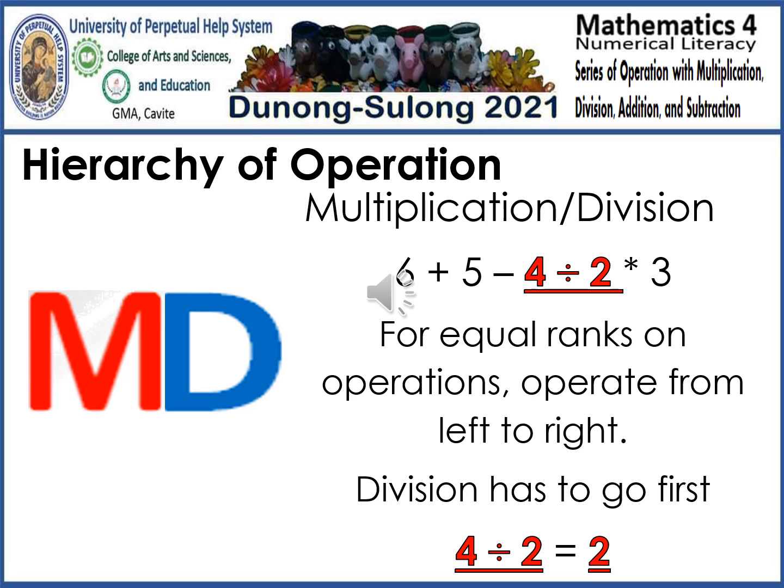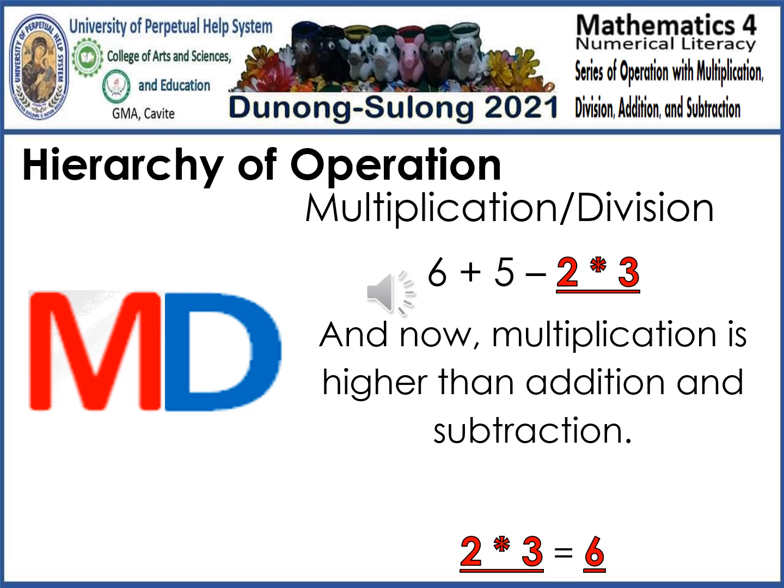So, division has to go first. 4 divided by 2 is equal to 2. Multiplication or division. Our equation is 6 plus 5 minus 2 multiplied by 3.